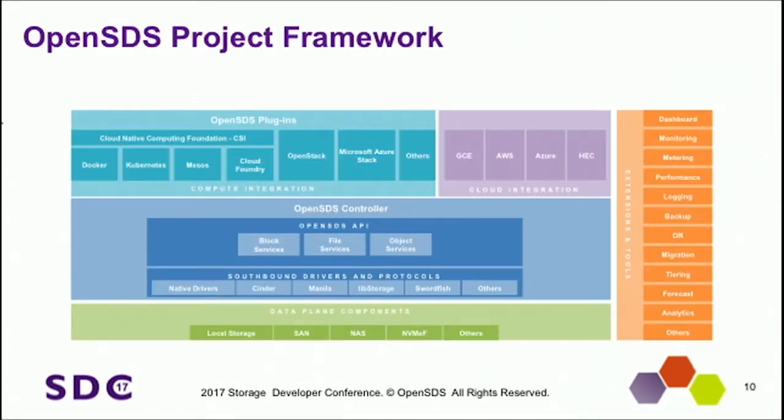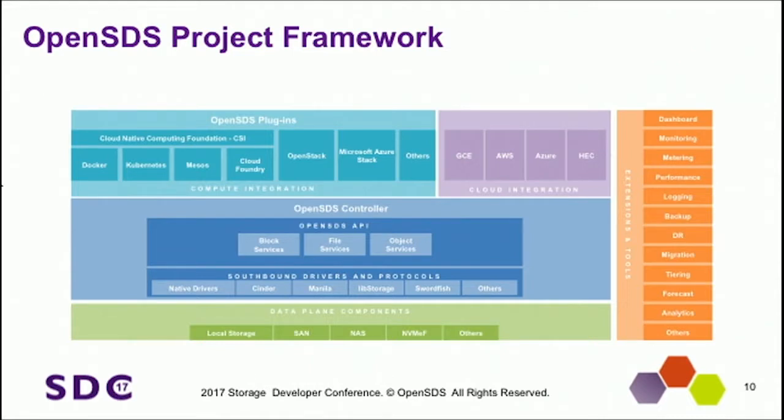Initially, the project will be focused on the controller. There are many things we want to do, but we think the controller is essential. The reference controller will have APIs, northbound and southbound. Southbound APIs will be able to support different storage systems, and also OpenStack and other cloud APIs.